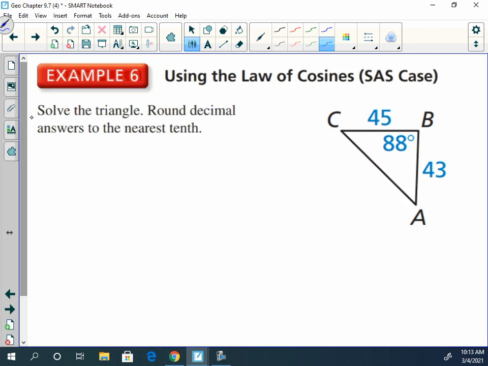Either sine of A over A is equal to sine of B over B is equal to sine of C over C, or A over sine of A is equal to B over sine of B is equal to C over sine of C, whatever we're trying to solve for. Questions on this here?